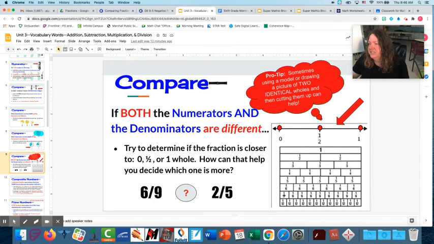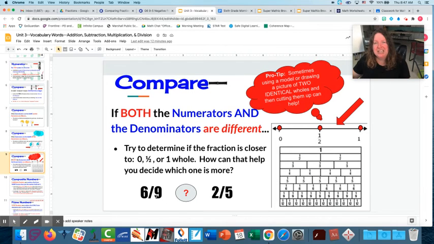6 ninths. Let's look here. There's the ninths. 1, 2, 3, 4, 5, 6. So 6 ninths is a little bit more. If we go straight up towards the half, we see it's a little bit more than half. 6 ninths is a little more than half. 2 fifths. 1, 2. Oh, we see it's less than half. There's the halfway line. 2 fifths is less.